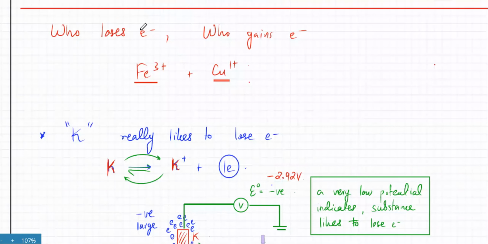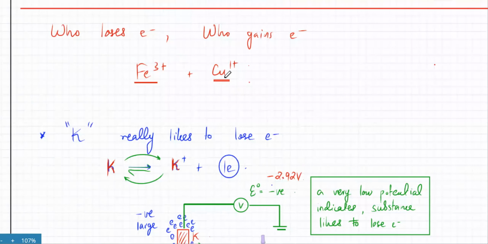What we're going to learn in this chapter is what would happen if two things react. Like over here, if I have Fe3+ and I have Cu+ and I want them to react, how would I know who's going to gain electrons and who's going to lose electrons? Because there's no way to figure that out.